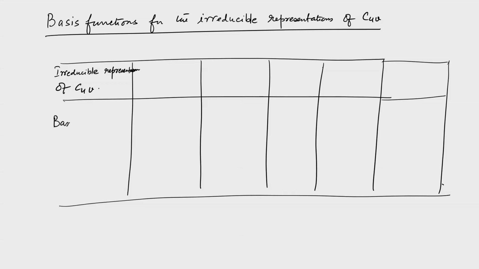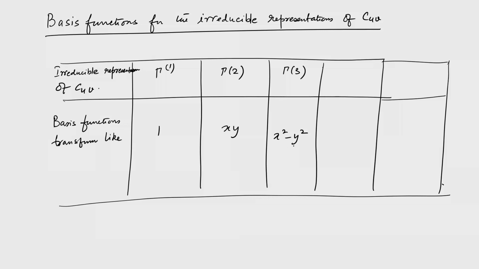The basis functions transform like gamma 1, this is 1, this is gamma 2, it goes like x y, gamma 3. This is what is important to us, the x square minus y square. This is what was told yesterday, that f x y was taken as x square minus y square. Gamma 4, which is x y, x square minus y square, and this gamma 5 is written as this.